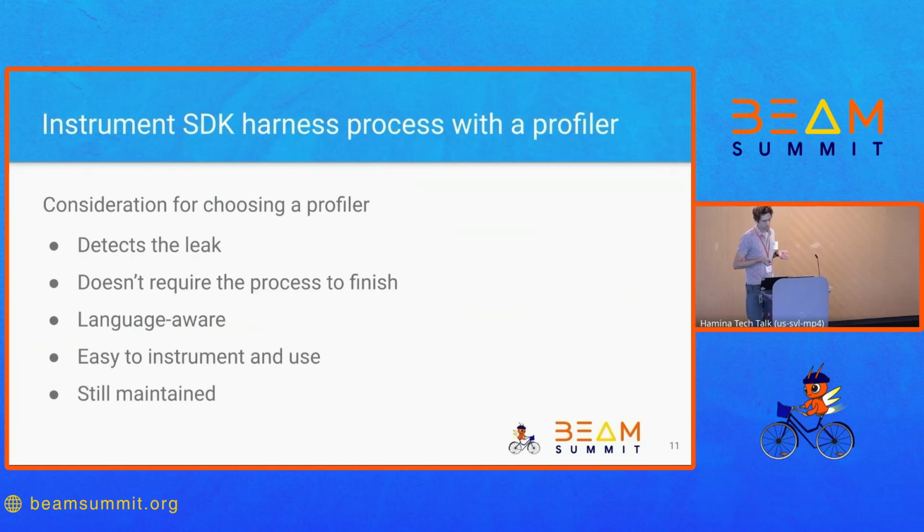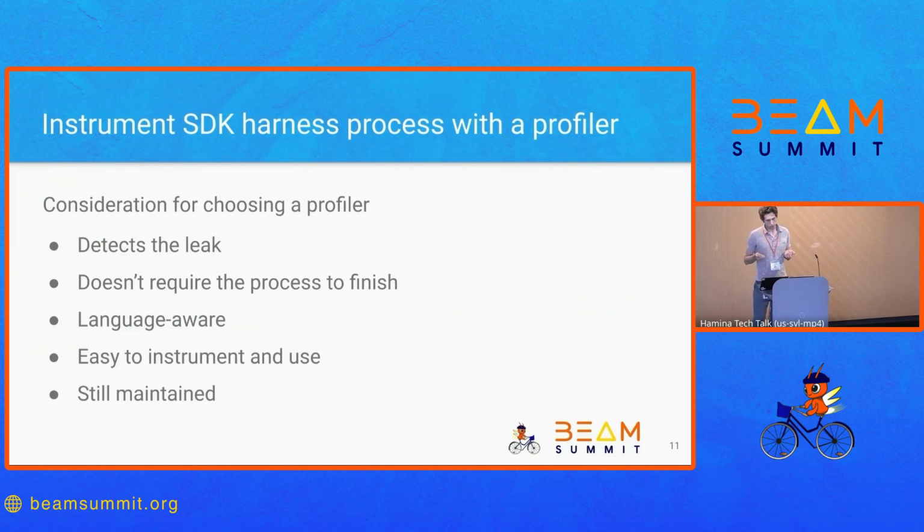The considerations for choosing a profiler: it would be good if it can help us detect the leak, and it does not require the SDK process to finish before we can analyze the results from the profile. It's aware of the SDK language, in this case Python, and generally easy to use and still maintained.